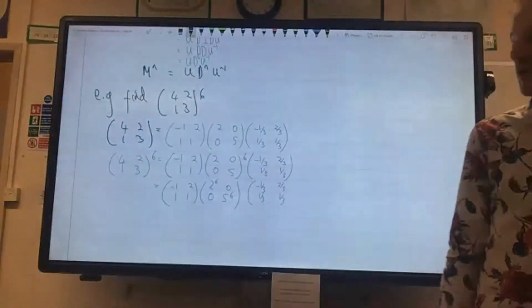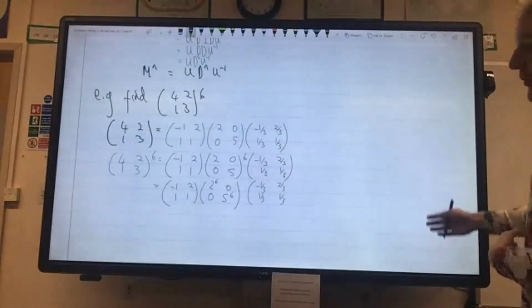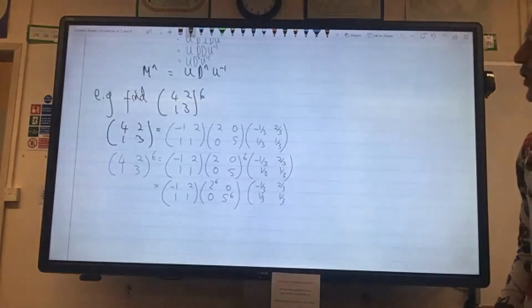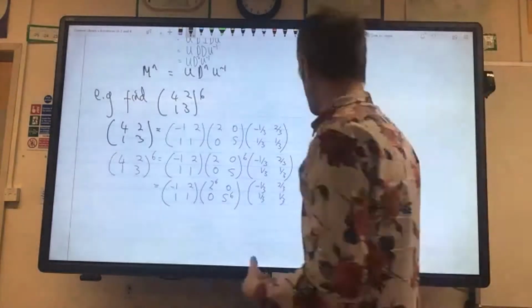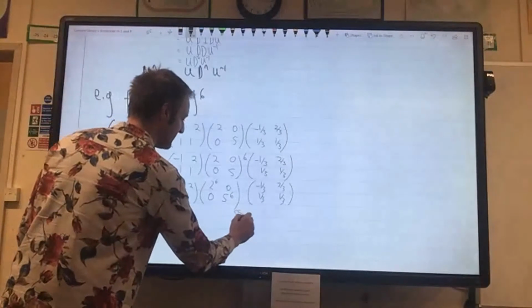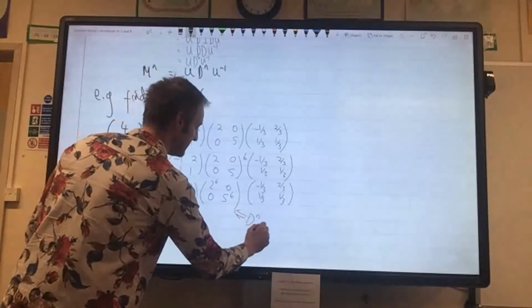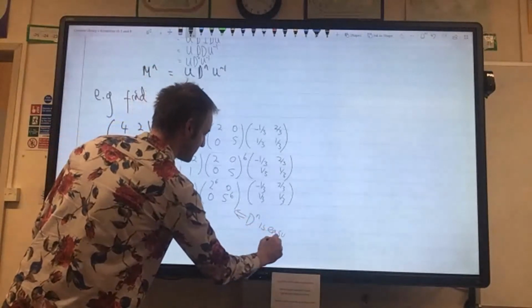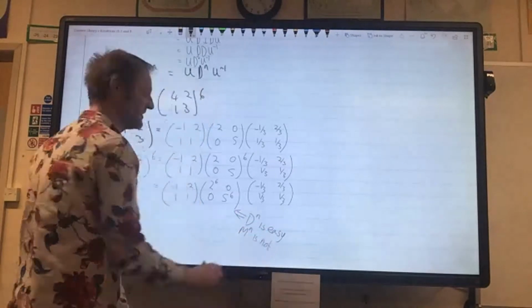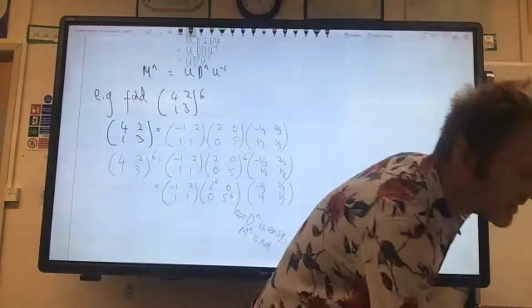So we're multiplying the first column by 2, 5 more times, the second column by 5, 5 more times, so we end up with that. So you can actually raise a diagonal matrix to a power very easily, whereas it's not easy to raise a general matrix to a power.